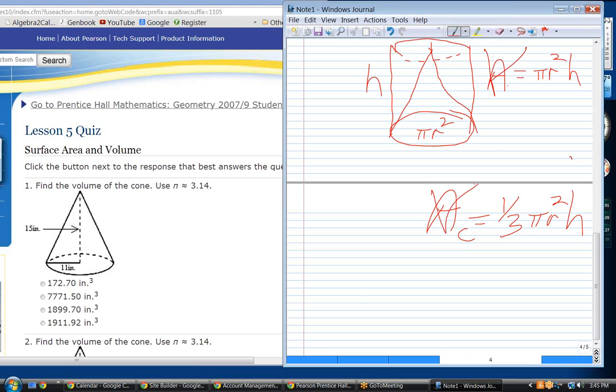It's the same for the volume of a square pyramid. Now, first of all, I have to learn how to draw a square pyramid. Let me draw it like this. If you have a square pyramid, the difference between this square pyramid and a rectangular brick, if it was a rectangular brick, it would be the area of the base times the height, right?